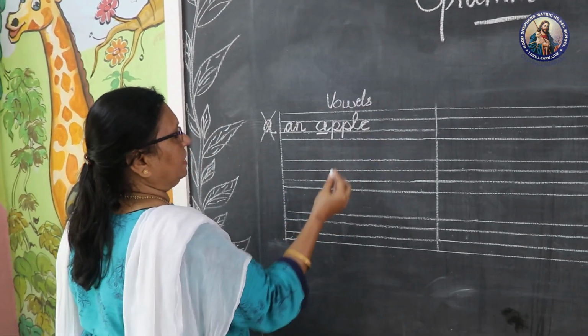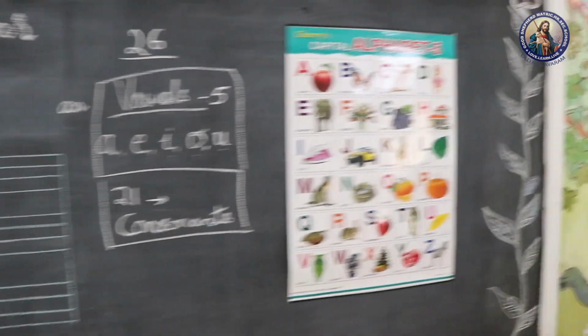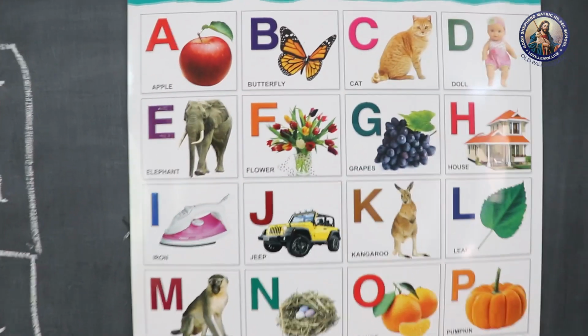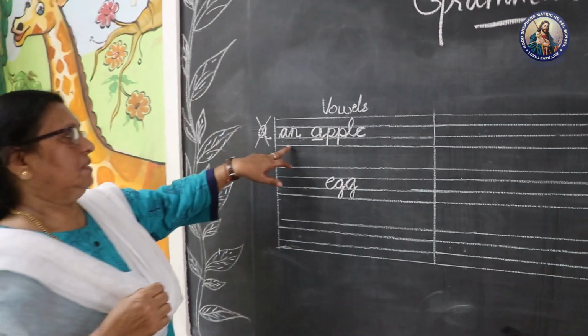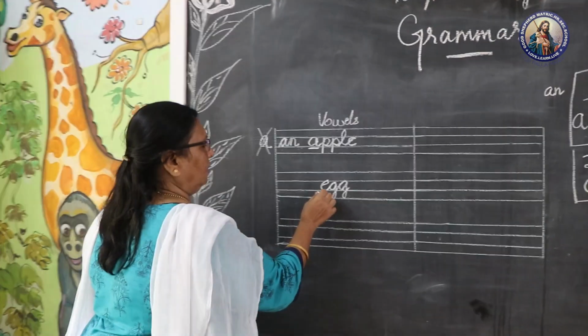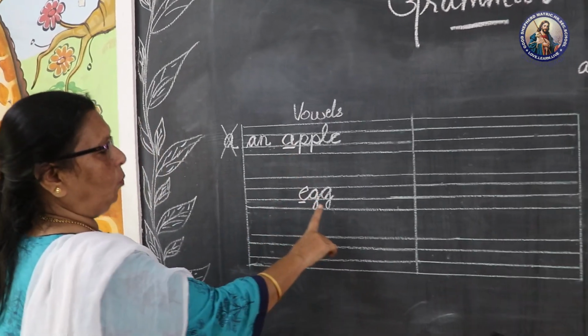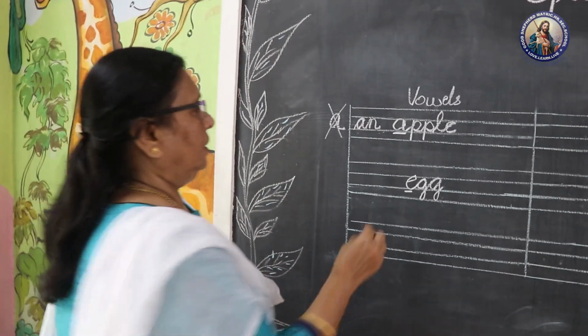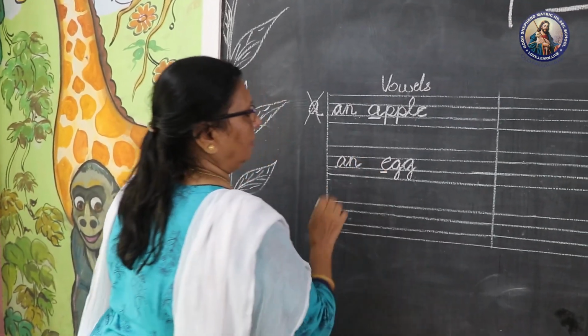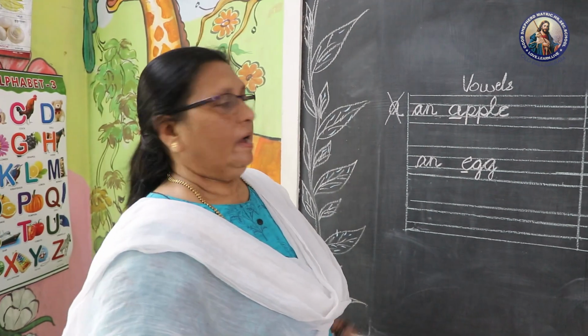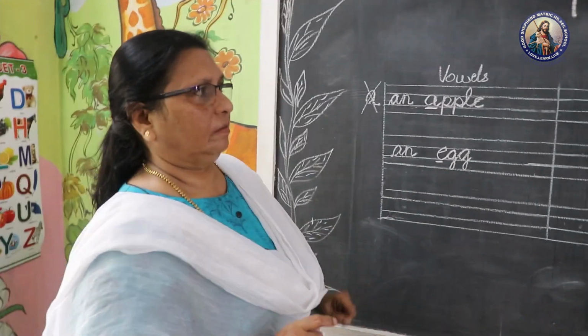Next we have E. Give me a word with E. Let me take an easy word, egg. What did I tell you in the first instance? When you have a vowel and you're talking about one singular, it is an egg. An egg. An elephant.